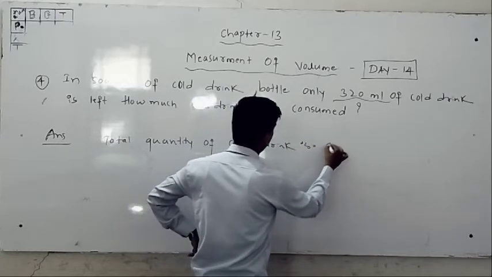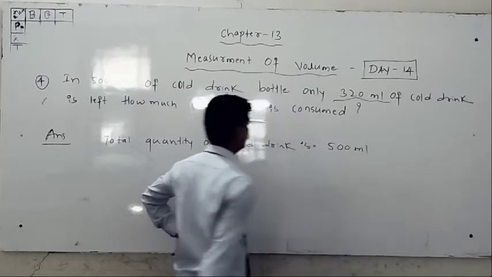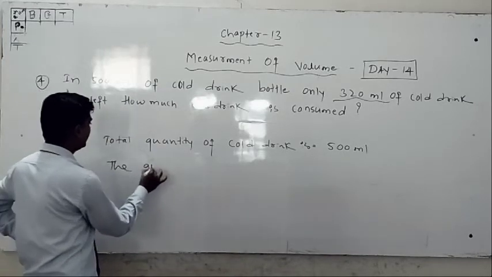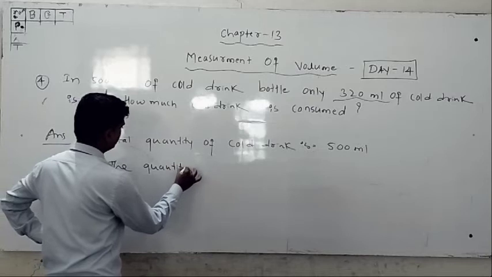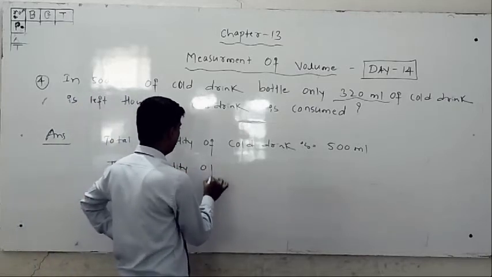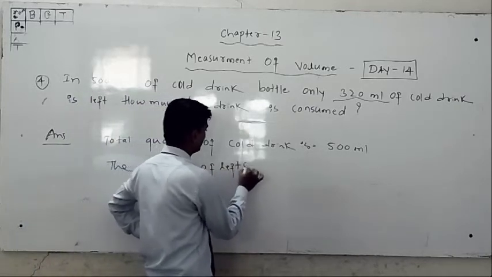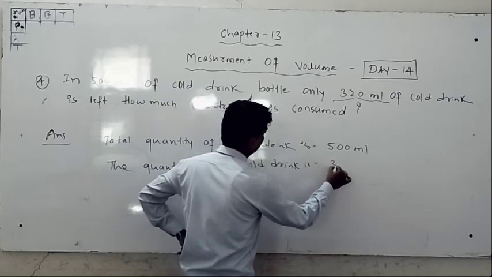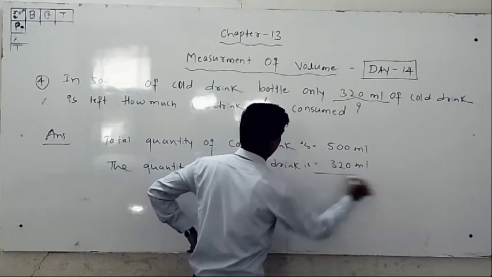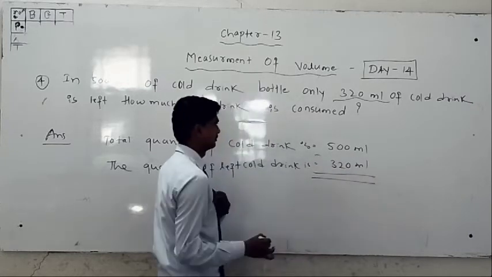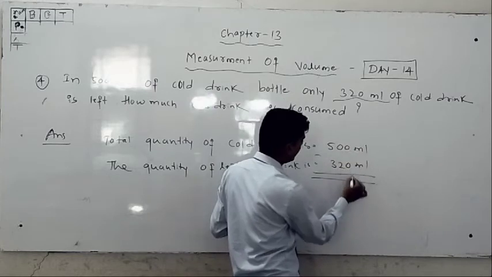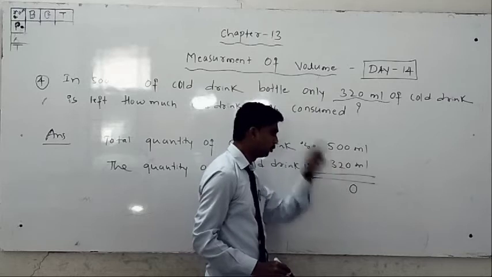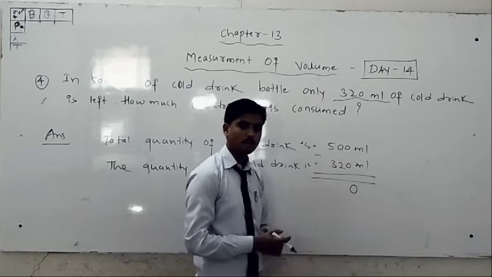Total quantity of cold drink is 500 ml. Then the quantity of left cold drink is 320 ml. Then 0 minus 0 always 0. 0 is not subtract 2 because 0 is smaller than 2.